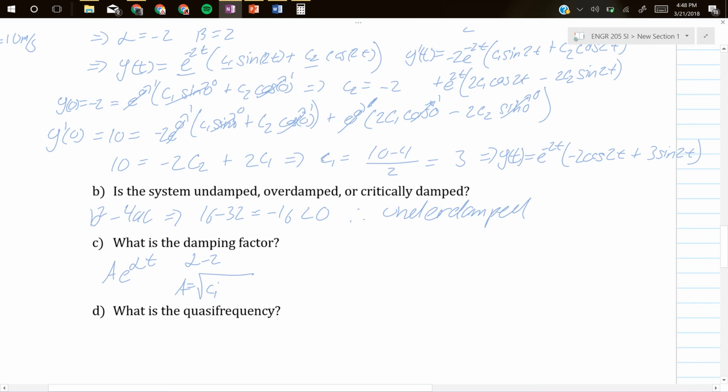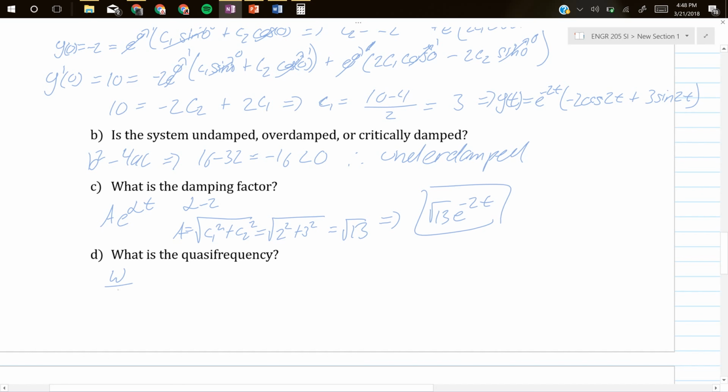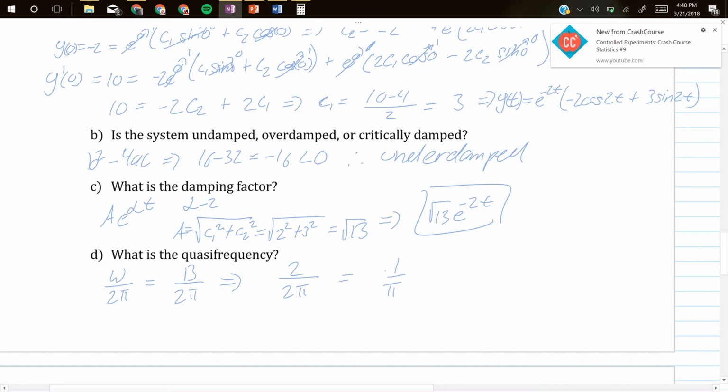So we get the square root of c1 squared plus c2 squared, which will equal the square root of 2 squared plus 3 squared, which equals the square root of 4 plus 9, square root of 13, which implies our damping factor is square root of 13 e to the negative 2t. Now our quasi-frequency, this is omega over 2 pi, where omega equals beta, so that implies 2 over 2 pi, which equals 1 over pi. That's our quasi-frequency.